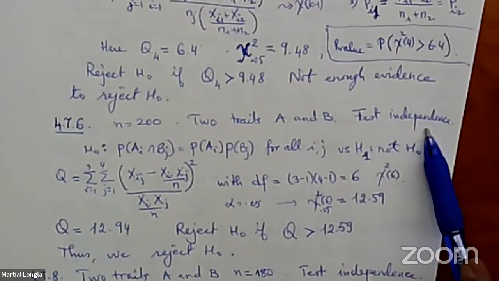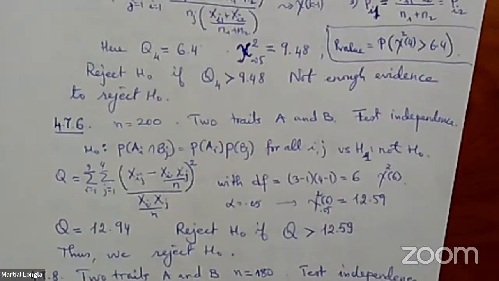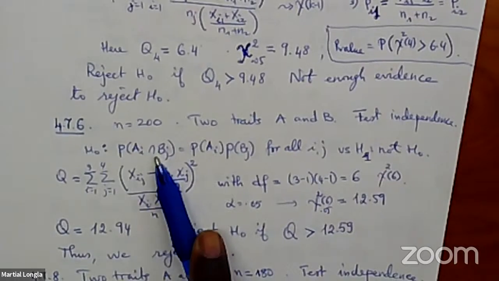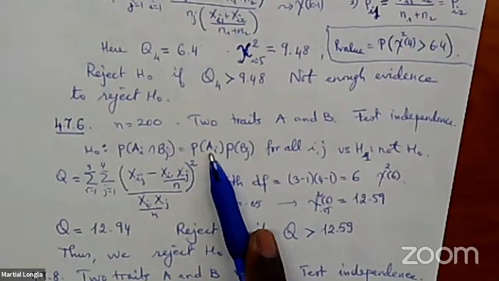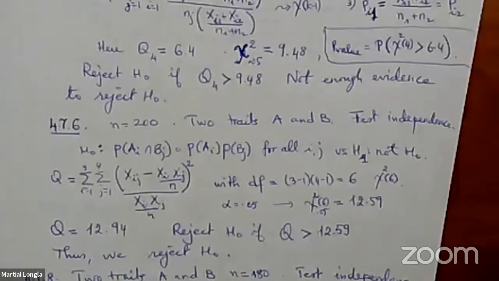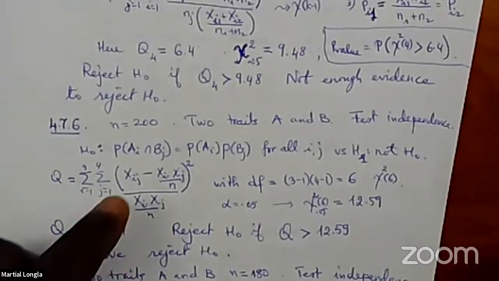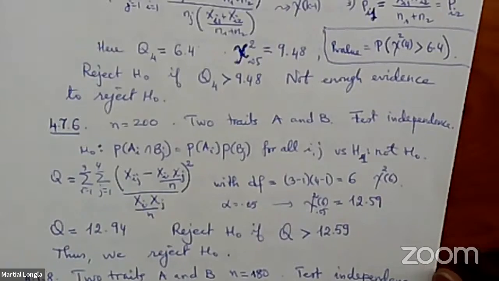And you need to test for independence. Test for independence meaning what? That no matter where you're falling, the probability of Ai and Bj is going to be the probability of Ai times the probability of Bj. Technically meaning that if I restrict myself to a level of Ai, the probability of Bj doesn't change.